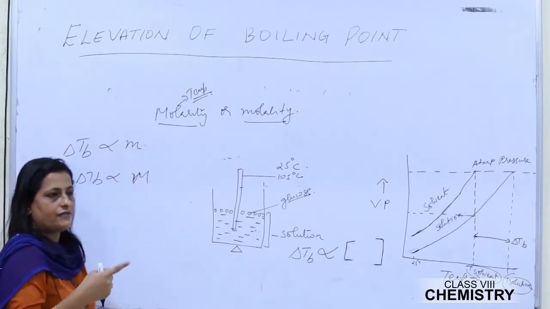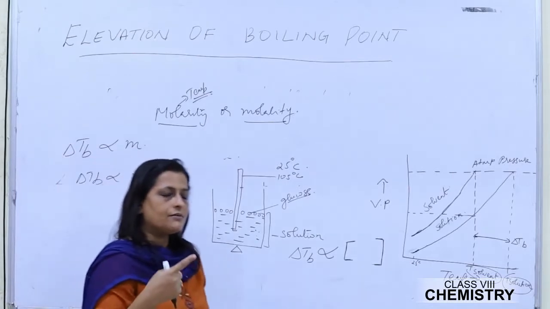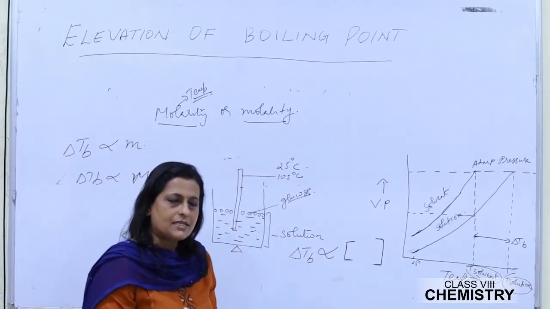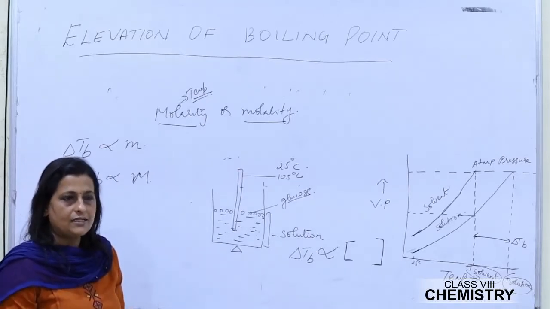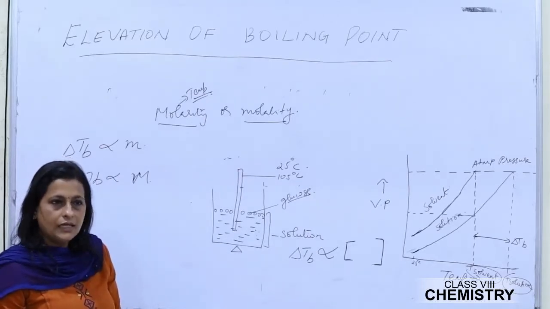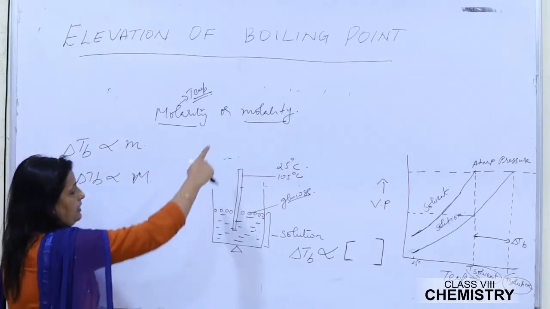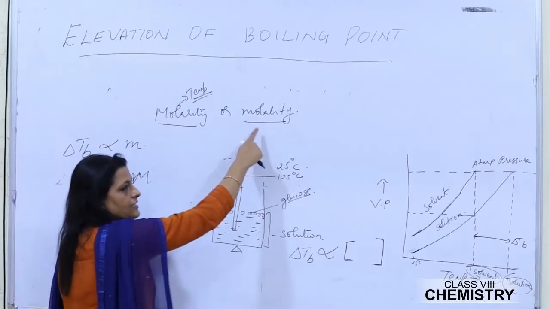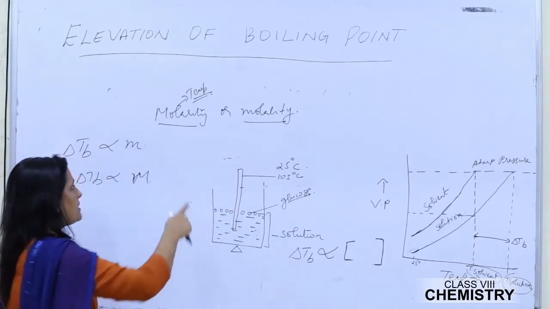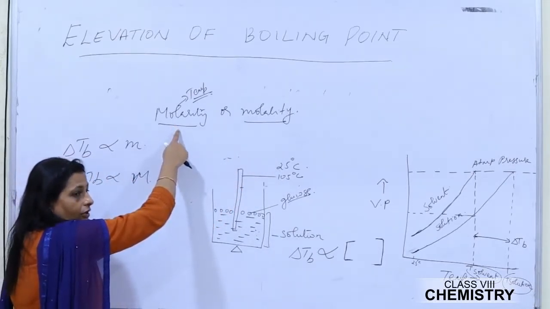Because concentration of a solution can be expressed in terms of molarity, mole fraction, molality, mass percentage, volume percentage. So here we are preferring molality instead of molarity. Why? Because molality is independent of temperature, but molarity depends upon temperature.